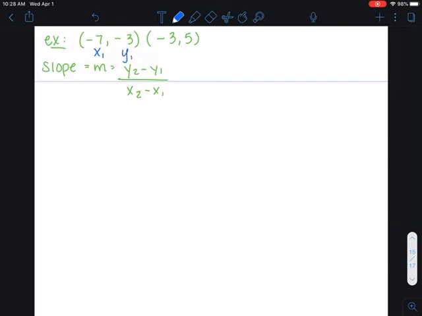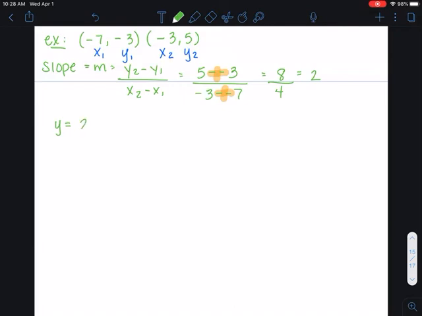We've got x1, y1, x2, y2. Alright, so I have 5 minus a negative 3. That becomes adding. Over x2 is negative 3 minus negative 7. Again, subtracting a negative is the same thing as adding a positive. So 5 plus 3 is 8. Negative 3 plus 7 is 4. And 8 divided by 4 is 2. So our slope is going to be 2.